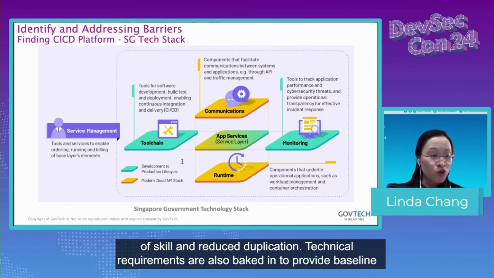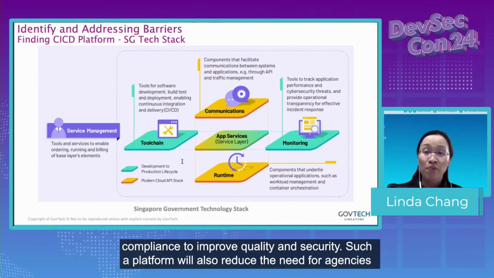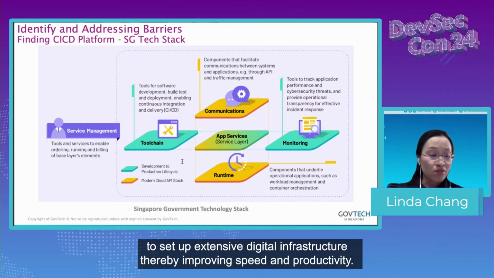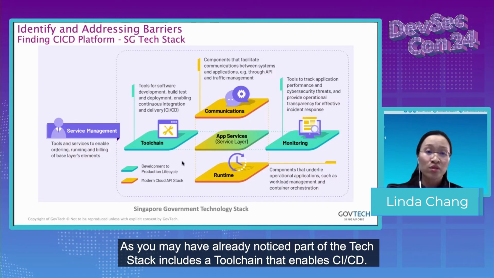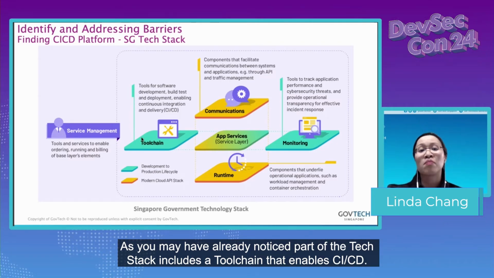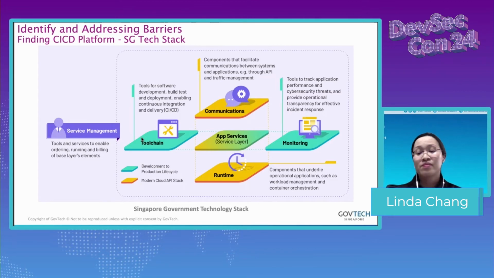Technical requirements are also baked in to provide baseline compliance to improve quality and security. Such a platform will also reduce the need for agencies to set up extensive digital infrastructure, thereby improving speed and productivity. As you may have already noticed, part of the tech stack includes a tool chain that enables CI/CD.